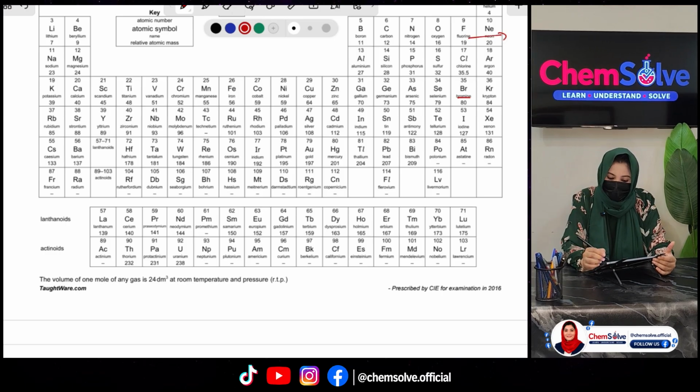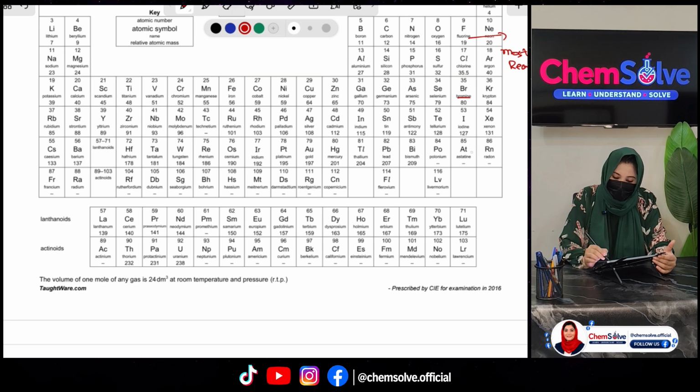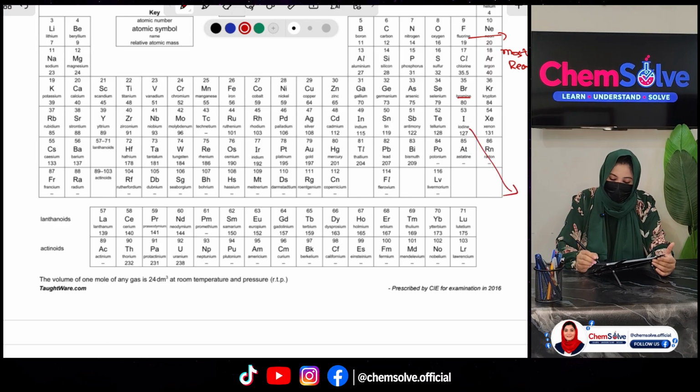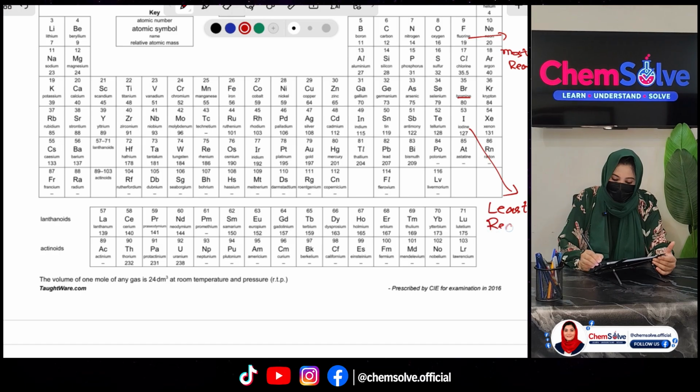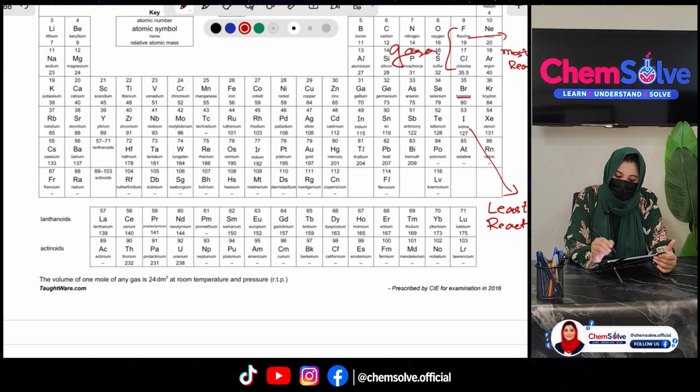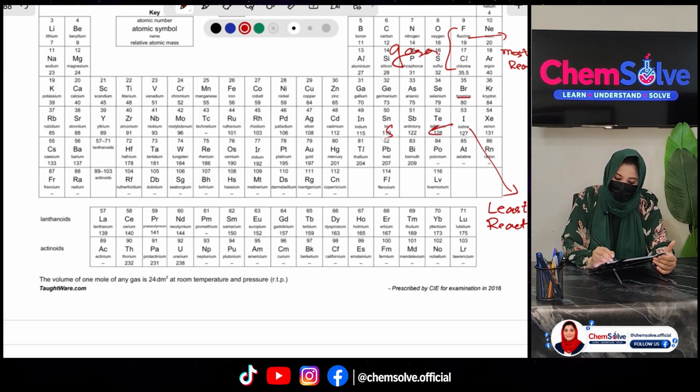Fluorine is most reactive, and reactivity decreases down the group. He's talking about iodine, so I will state that just here. This is least reactive. Fluorine and chlorine are gases, and iodine is solid.